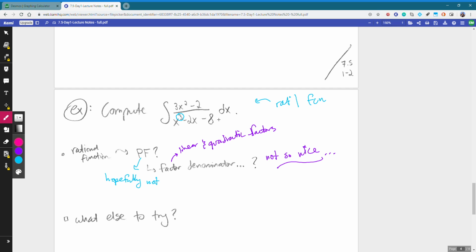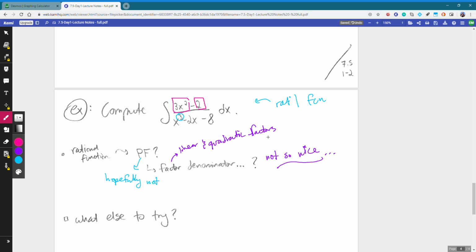Nothing at least too obvious that we could do to algebraically mess with this. We could potentially split up this fraction as two fractions, where the first numerator is just this first piece, and then we have minus 2 over our denominator. We could break this up as two fractions, but it's not so clear what to do from there.